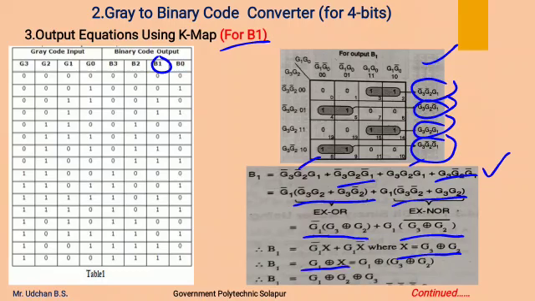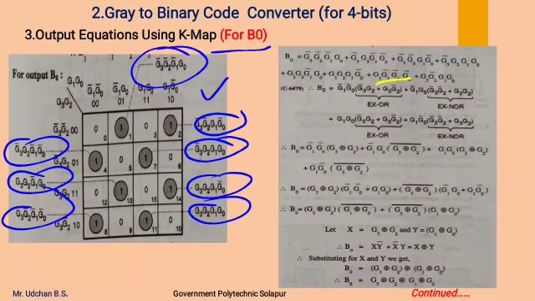Again here, G1 bar, G0 bar terms are taken common from this and from this. This is our first term. After that G1 bar, G0 variables are taken common from this and from this, we get this term.